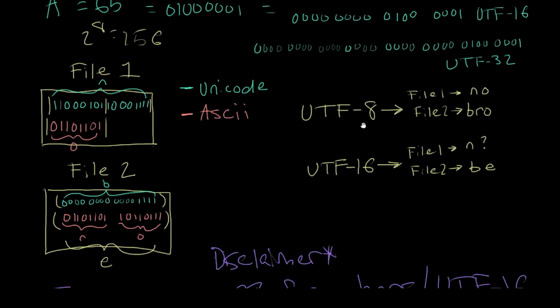Let's say we're using UTF-8. It would split this into 8-bit chunks, and since this is Unicode, it would read this as the letter N. I don't know if these are the actual letters, but then we get to what's supposed to be ASCII code, and it chunks it into 8 bits. So it reads the letter O, which in ASCII is the letter O, and in Unicode, it's the letter O.